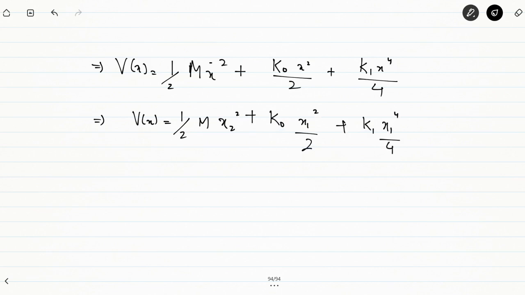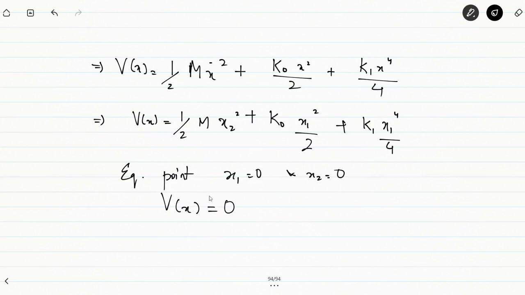Right? So looking at the equilibrium points of the system, x1 equal to 0 and x2 equal to 0, v of x will be equal to 0.